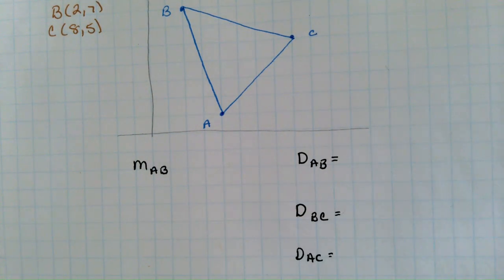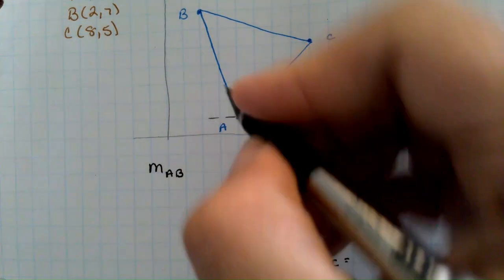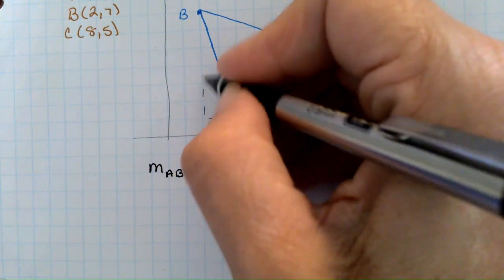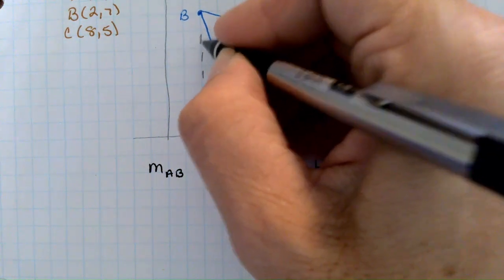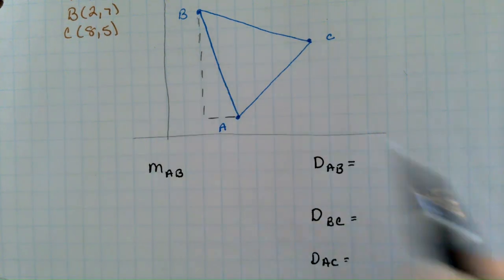Now, we could use the distance formula, or we know that we can do a squared plus b squared equals c squared as well. So let's just do A to B first, and I'm going to pencil that out. If I turn this into a right triangle, we can see that it's 2 wide and 6 tall.